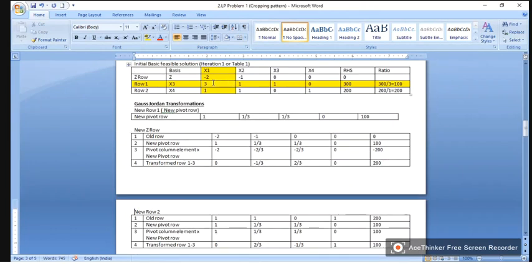Tell me. We have to transform 3: Z row, row 1, row 2. Row 1 is easy to transform because every element should be divided by 3. We got it. So we have to find the new Z row using this procedure, and new row 2 using this procedure.